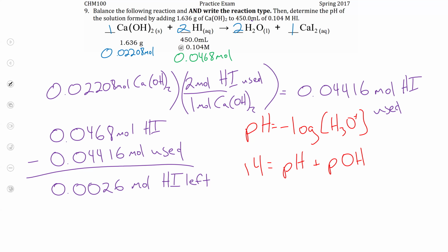No. We use the bottom one when we have leftover hydroxide. If hydroxide is what you have in excess, then we're going to find pOH and then do 14 minus pOH. That'd be the reverse of this. In this case, we have leftover acid. We just need to know the concentration of the acid, and we take the negative log of that.